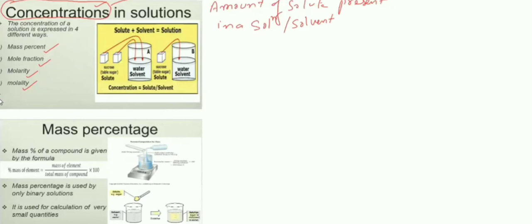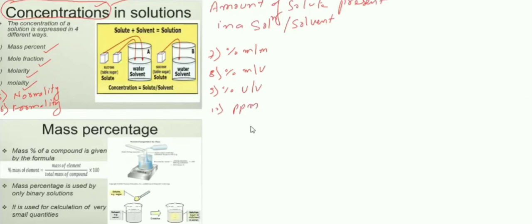Other than these, we have other terms: normality, formality, percentage mass by mass, percentage mass by volume, percentage volume by volume, then ppm, that is parts per million.